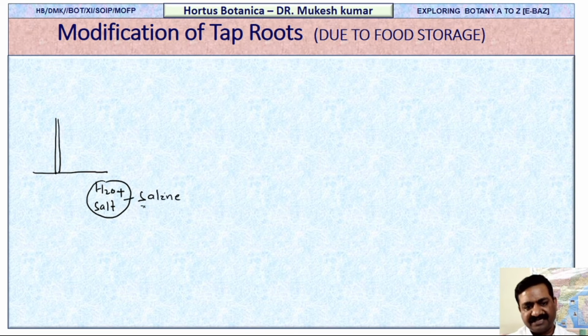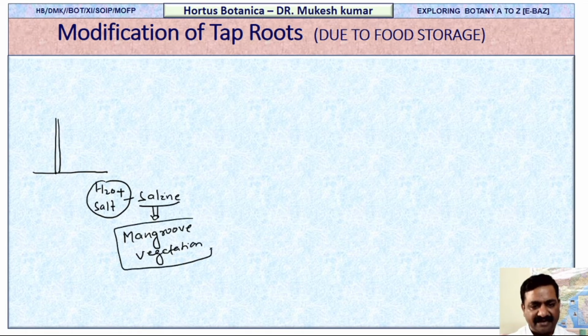Salty water is there, and such a habitat where it is prevalent is called mangrove vegetation. Water plus salt, saline condition.